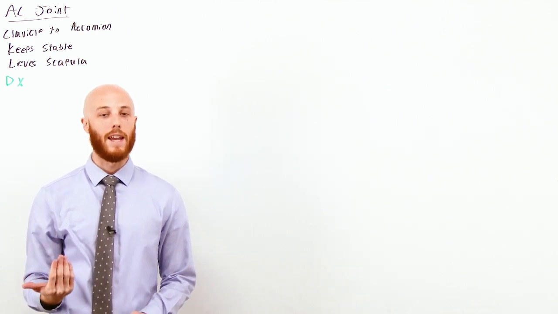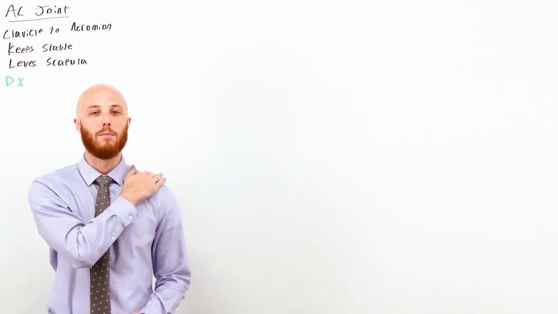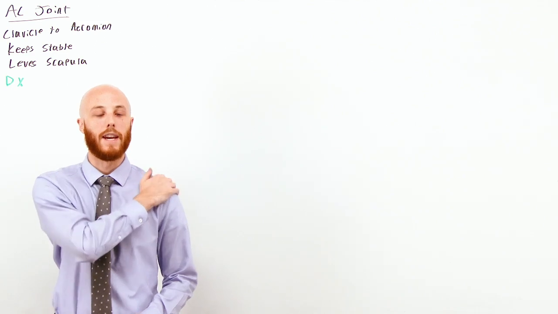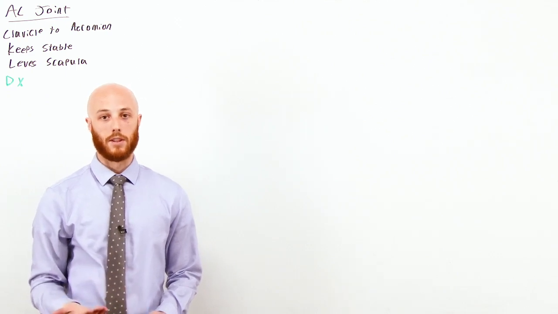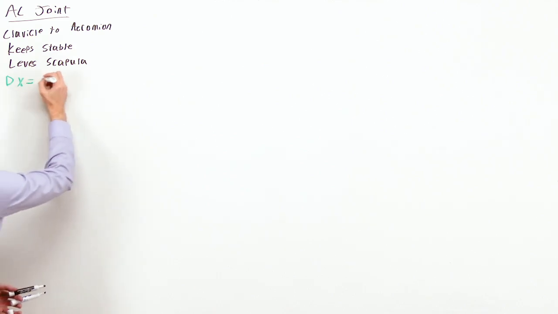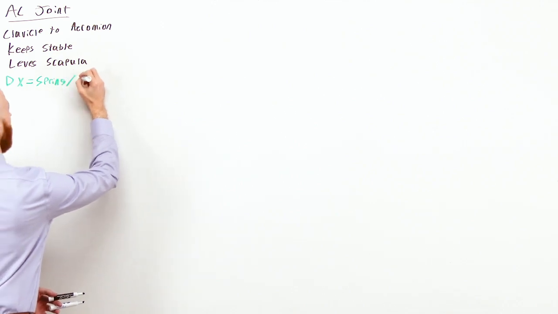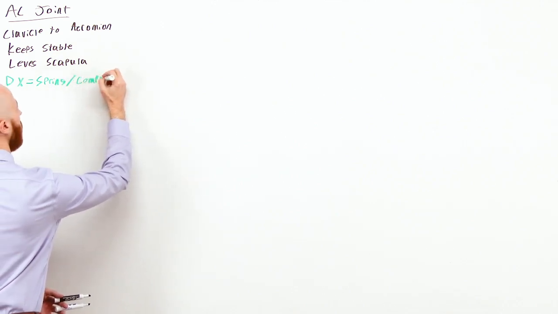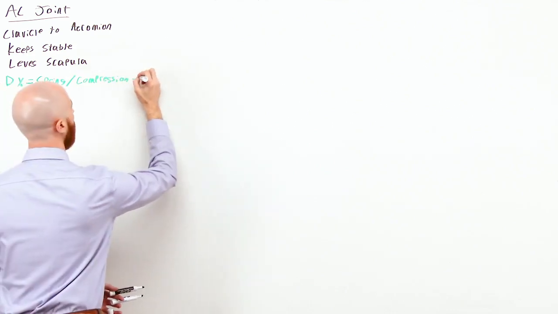You're going to tell that by which joint has a hard end feel, which joint just isn't moving properly when you're springing or when you're compressing. That tells you which side is dysfunctional. So to diagnose, you do the spring or the compression test to tell dysfunction.